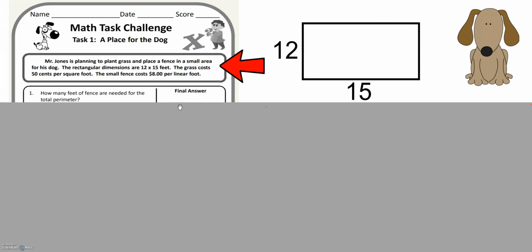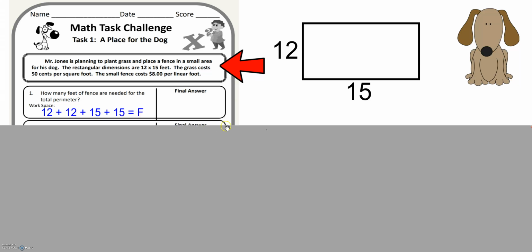What would be a number model to solve this story? 12 plus 12 plus 15 plus 15 equals F for feet. This will give me my perimeter. Don't forget your unit. Our unit is feet.